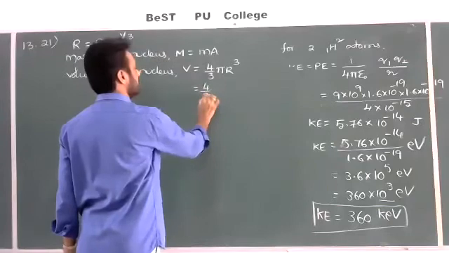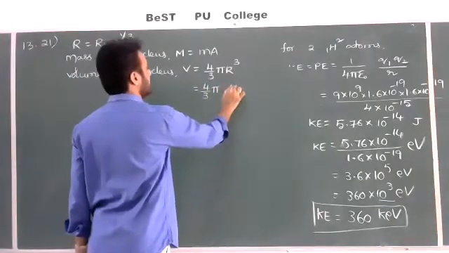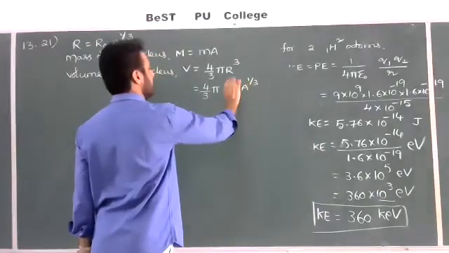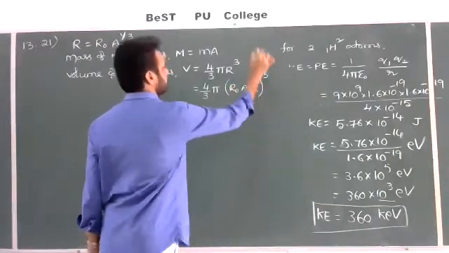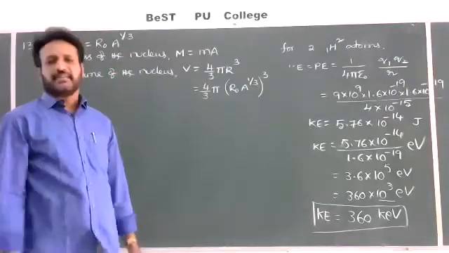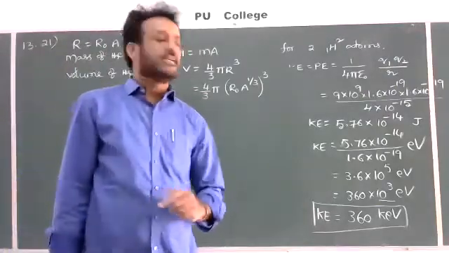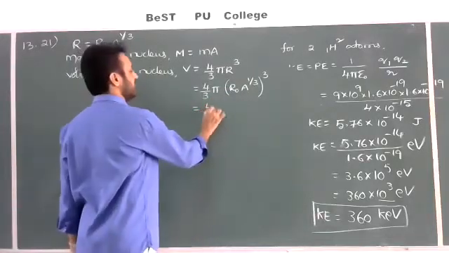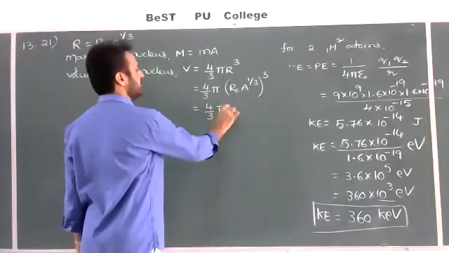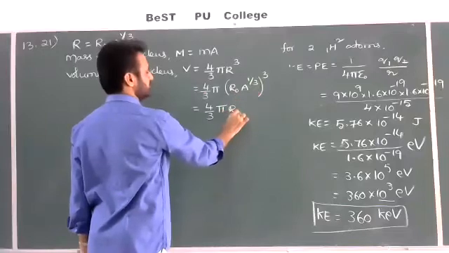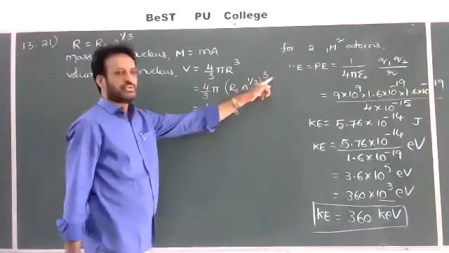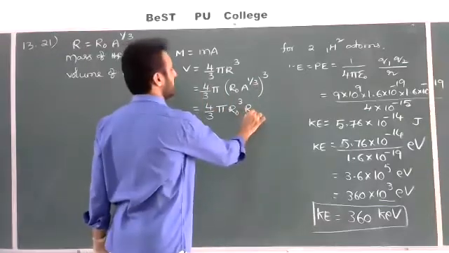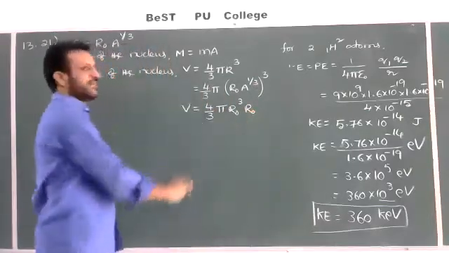That is equal to 4 by 3 pi into R naught into A to the power of 1 by 3, whole cube. Simplify this: 4 by 3 pi R naught cube into A. Here the whole cube and power 1 by 3 cancel. It is the volume of the nucleus.